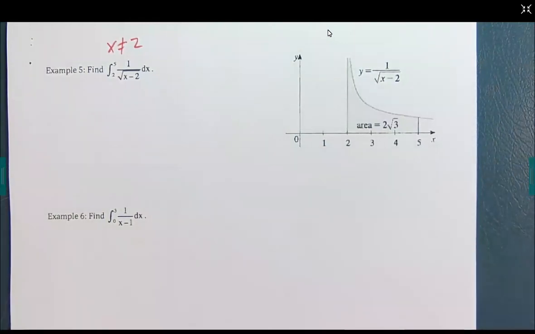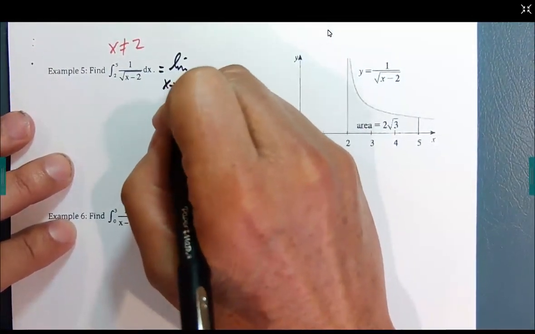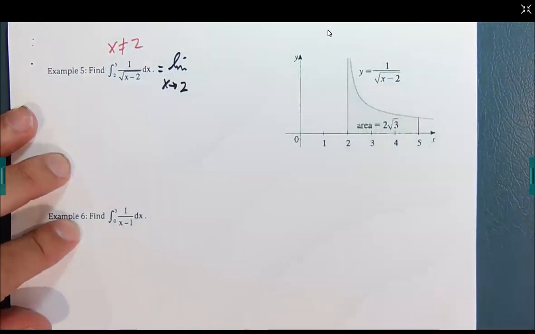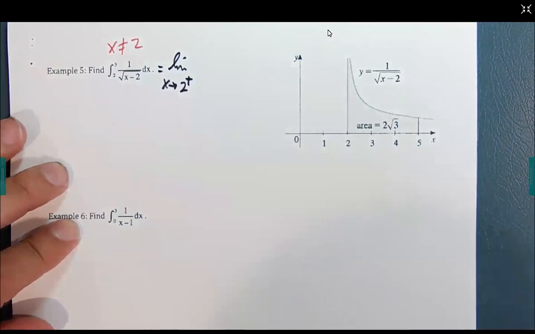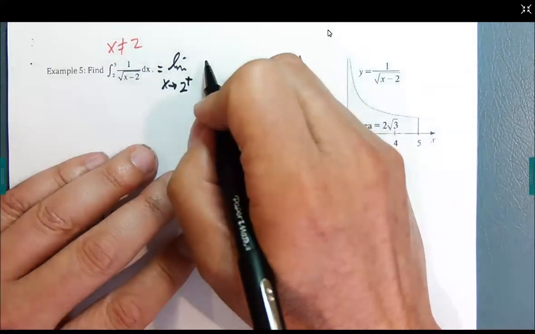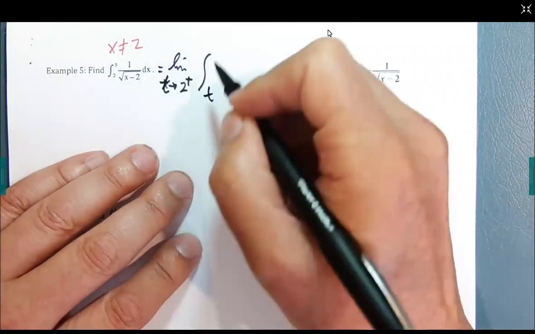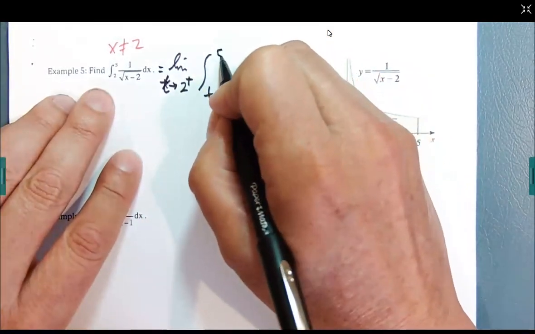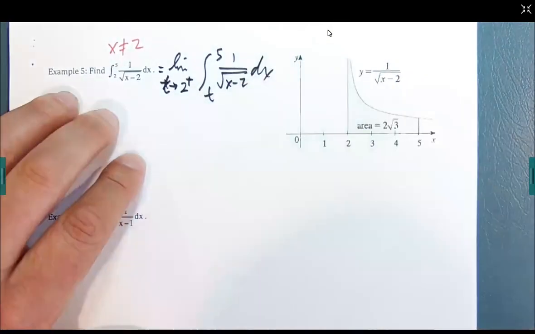So we're going to have to rewrite this as the limit as x approaches 2, from the positive side, meaning from the right, of the integral from t to 5 of 1 over square root of x minus 2 dx.